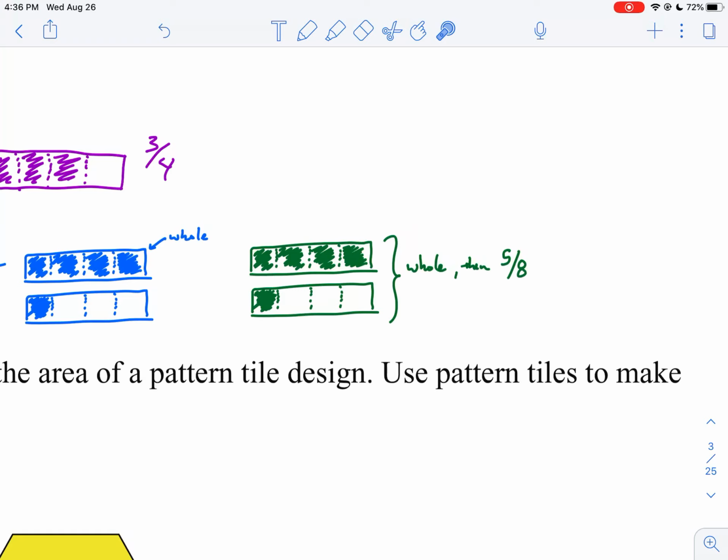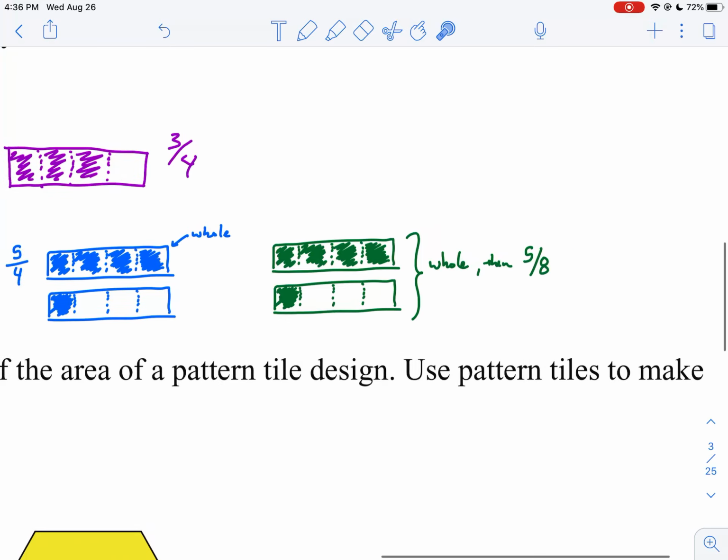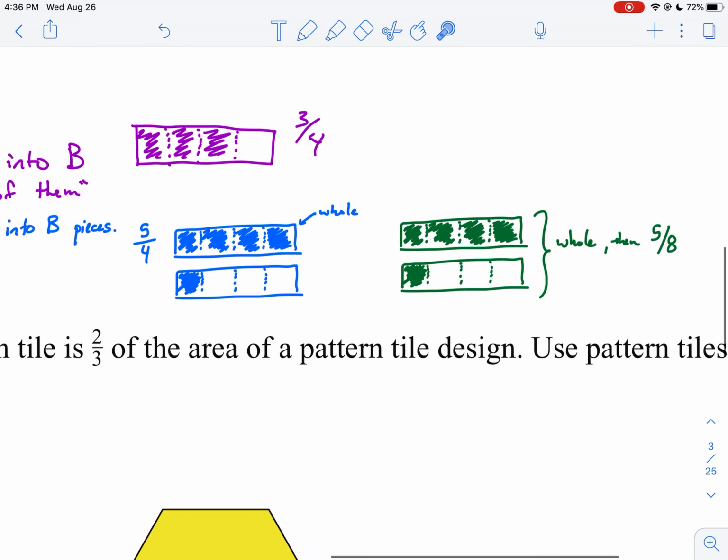Do you see I have 1, 2, 3, 4, 5, 6, 7, 8 parts here? And if I ate 5/8, that would be 1 and another quarter of a candy bar. So hopefully that's not too confusing, but helps you see the difference. The blue here is 5/4 of a candy bar. Here is 5/8 of 2 candy bars.